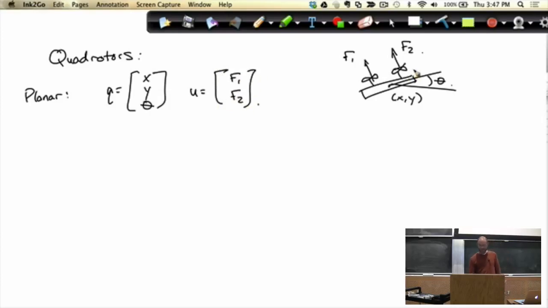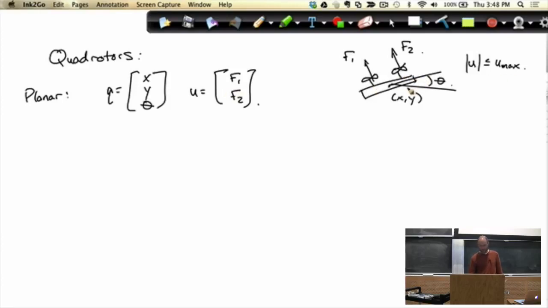So this system now has 6 state variables, 3 degrees of freedom, and 2 actuators. Probably those are going to be limited. These days they have pretty big motors on the props, but there are still torque limits.